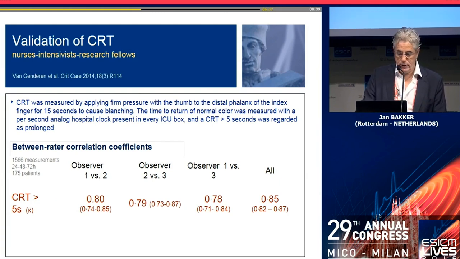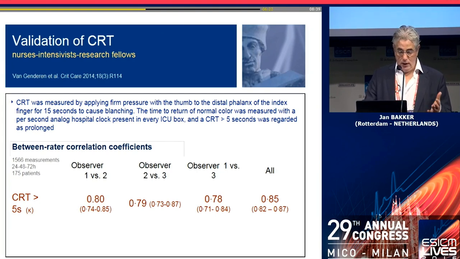This is a study Michel van Genderen did. And he asked nurses to do a capillary refill test, and he asked the intensivist to do it, and then they did it themselves. And these are the PhD students that we said, well, okay, these are the reference.